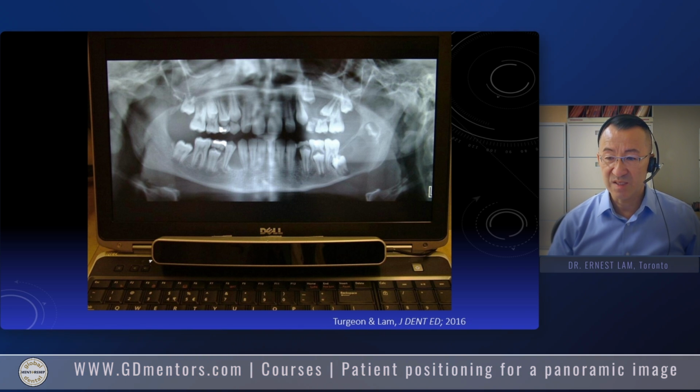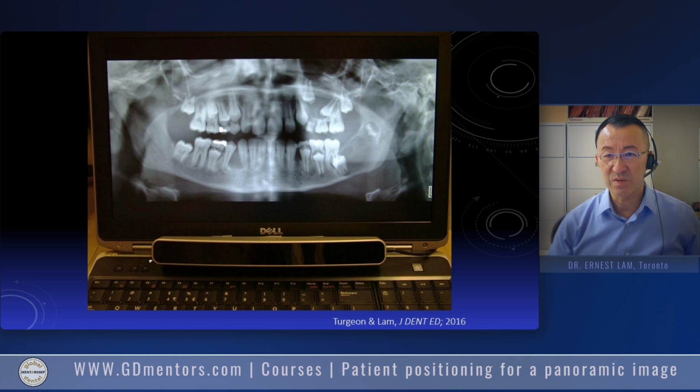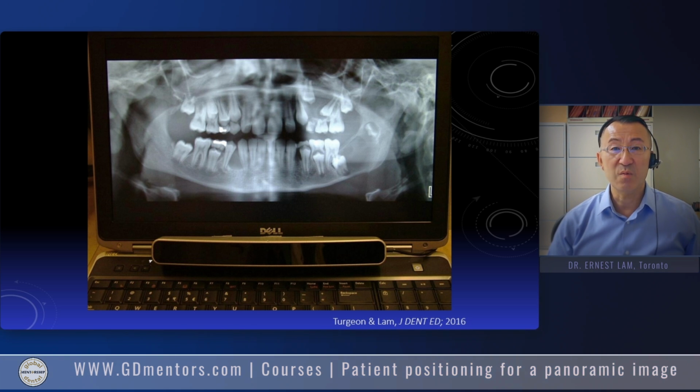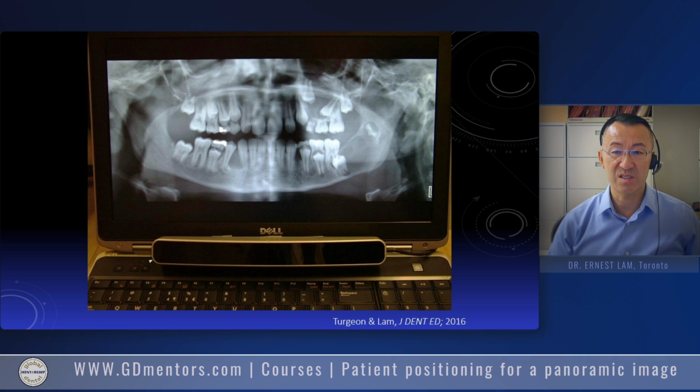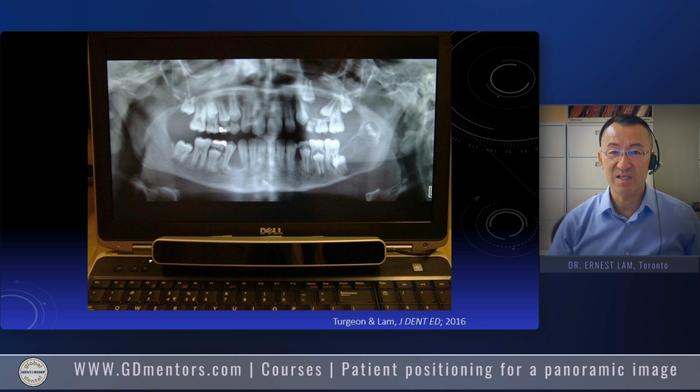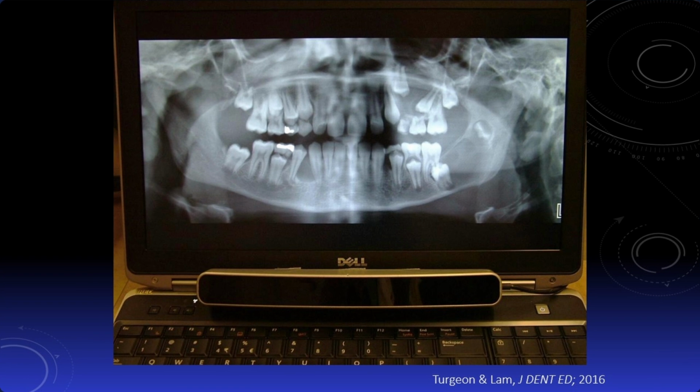This is a part of a study that we published in 2016 with my graduate student Daniel Turgeon, in which we used an eye tracking device and we challenged students and certified radiologists with a series of images, and we followed their eye movements across the screen. This is simply an image of one such radiograph that we showed them, and the eye tracking system is in the little black rectangular box below.